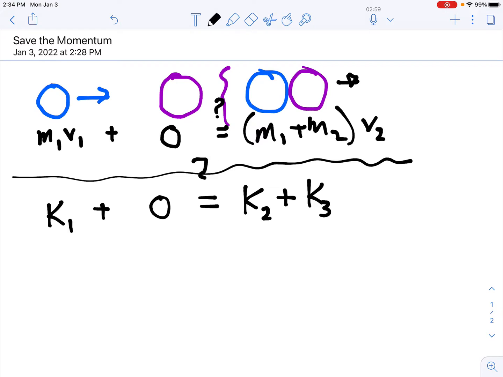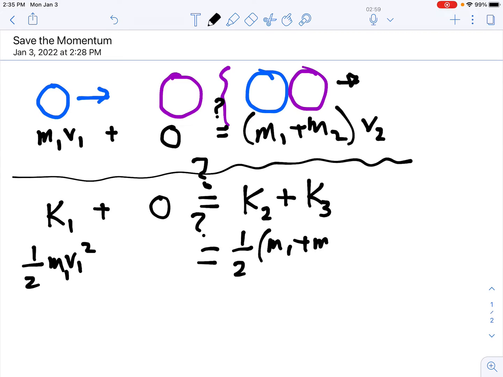And again, we are saying, is it actually going to be equal? So then you would write 1/2 m v1 squared, and then does it actually equal 1/2, this would be m1, and really it would be m1 plus m2 times v2 squared, and then you would plug your numbers in and see if they are the same.